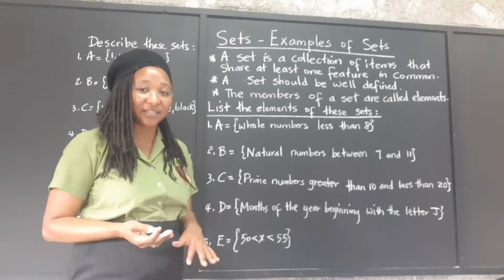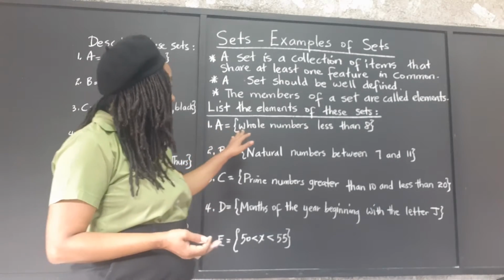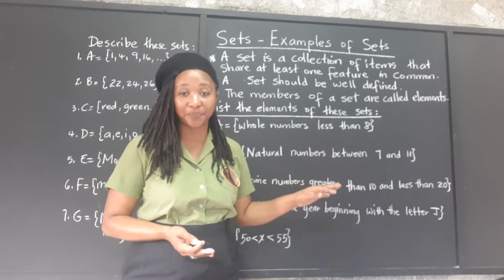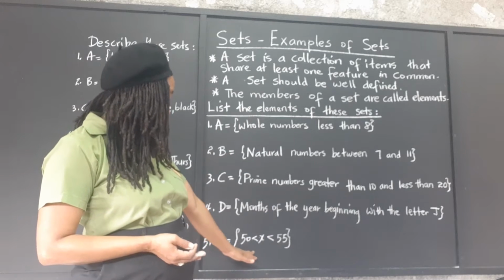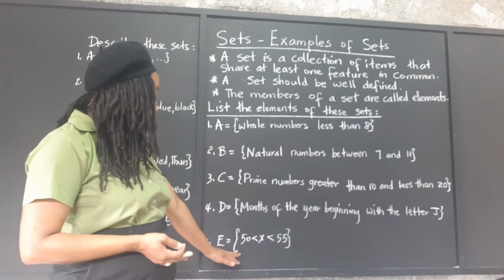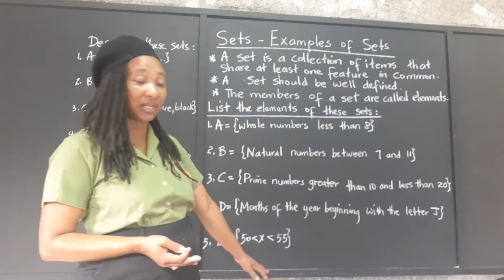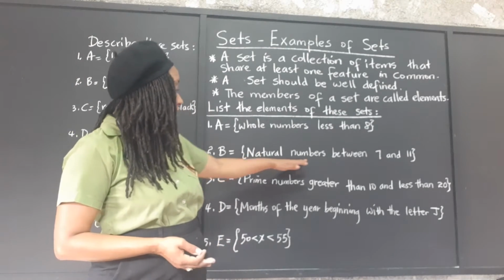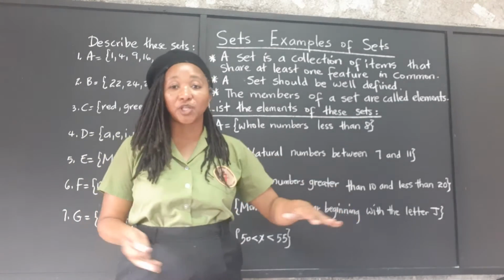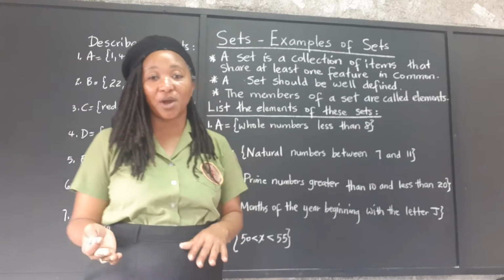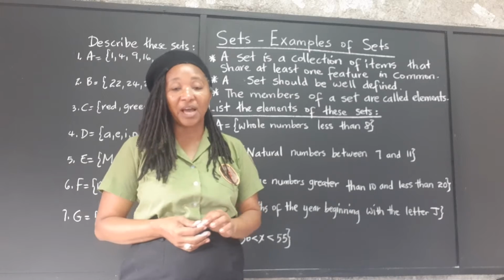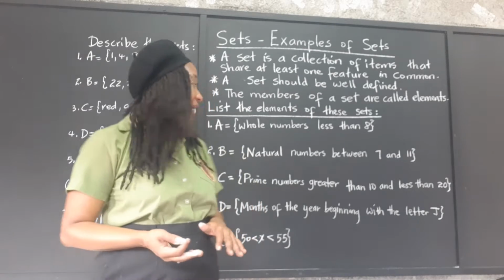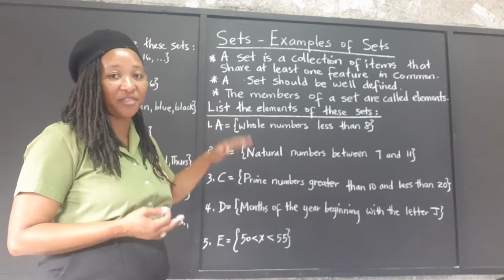The first activity, we're going to look at the description of the set. So these sets are described right here in notation form, numerical form, here using words to actually describe what the elements of the set are like. And from there we can go ahead and list the elements.